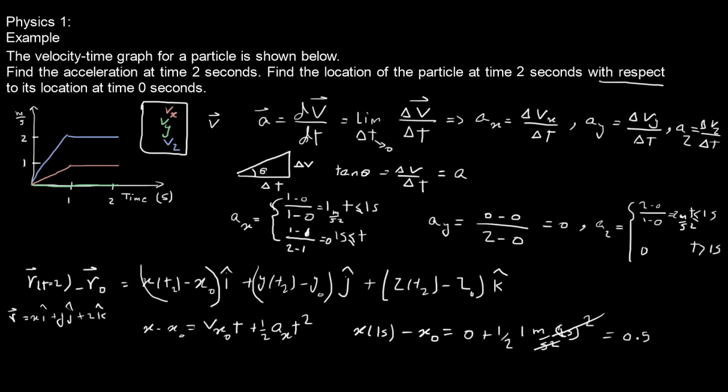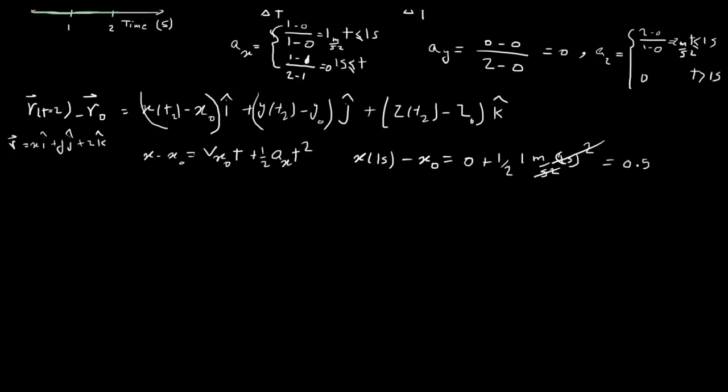Now let's solve the problem for the second interval where ax is 0. So here x at time t equals 2 seconds, and this acceleration is only for time between 1 second and 2 seconds. So therefore I can't go beyond 1 second. So let's say my x naught here, the naught now refers to t equals 1 seconds. So I basically want this.